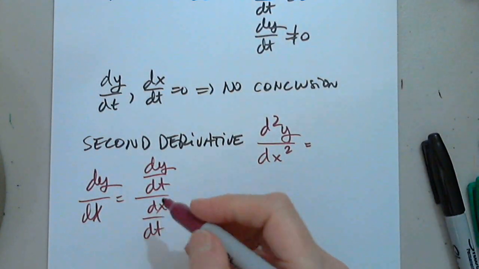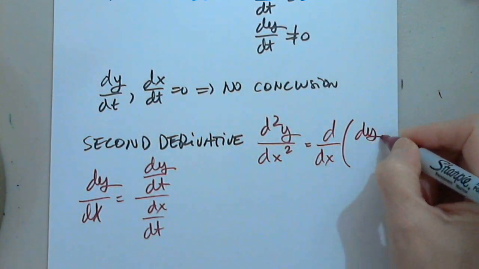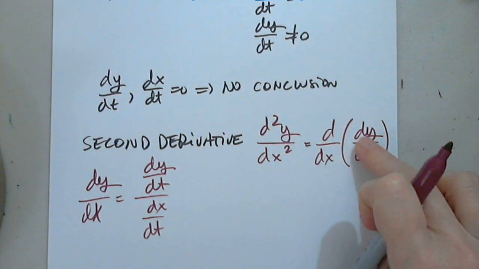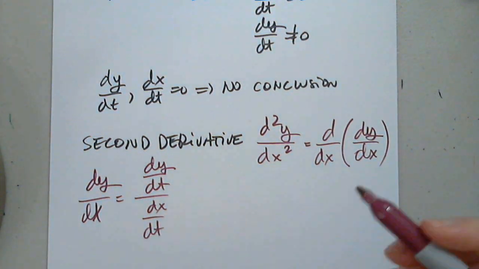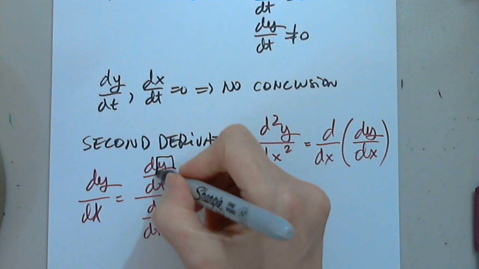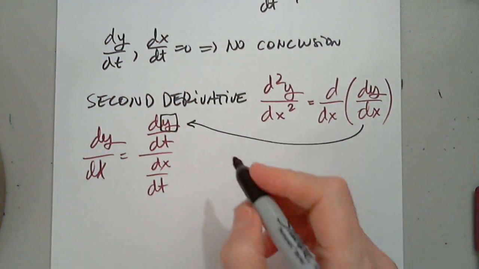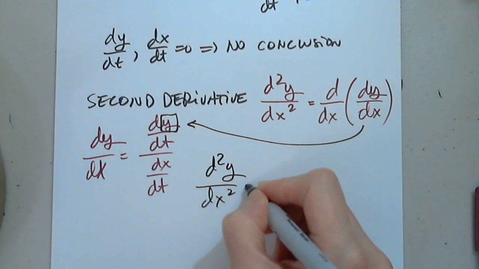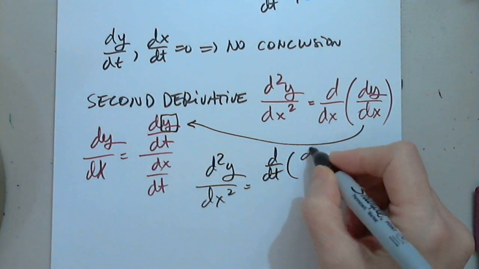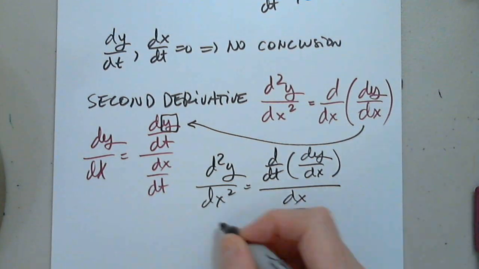Well, all we have to do is remember that this is d over dx of dy over dx, right? The second derivative with respect to x of the first derivative with respect to x. And all we need to do to understand how this is obtained is replace dy over dx in this piece. So then d2y over dx2 is nothing else but d over dt of dy over dx and everything over the same thing, dx over dt.